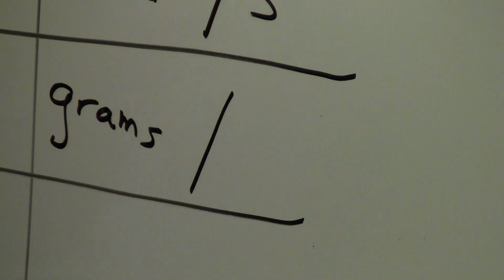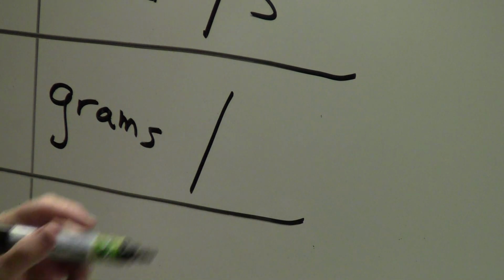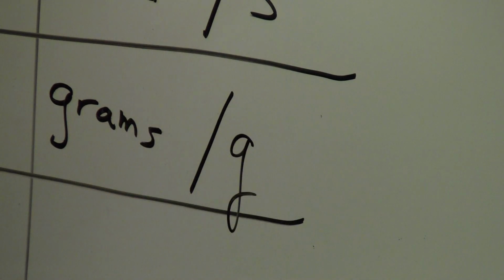A penny, by the way, is 3 grams. Give you an idea. You should really know how long a second is, which I think you do, and how long a meter is, which I showed you, and you probably already did. But you should also know what a gram is. So a penny is about 3 grams. And the symbol we're going to use is g.